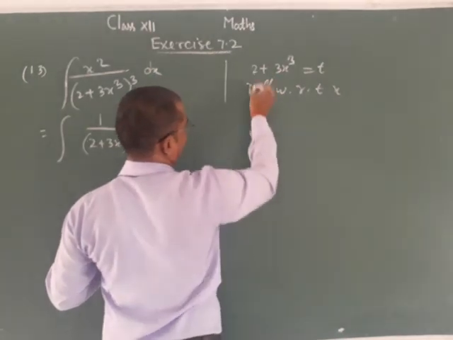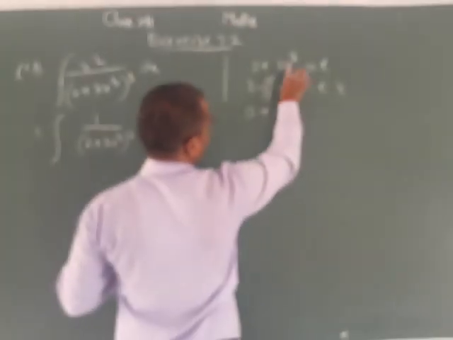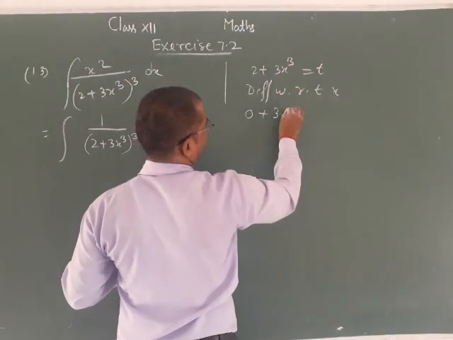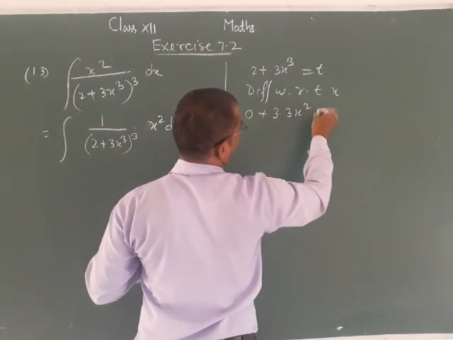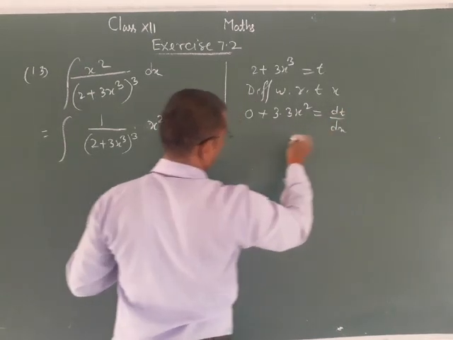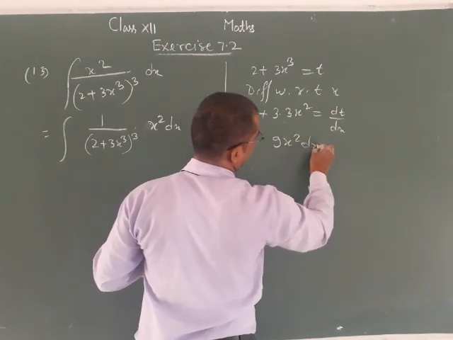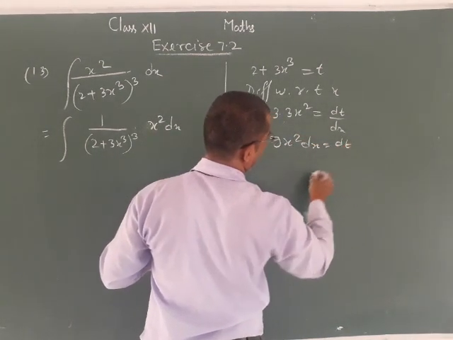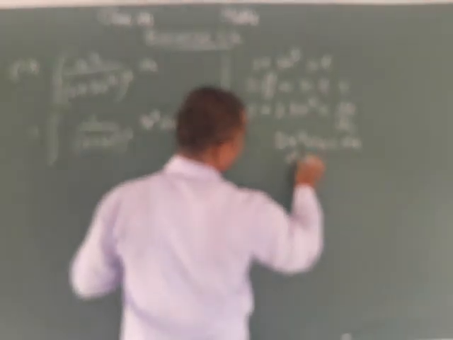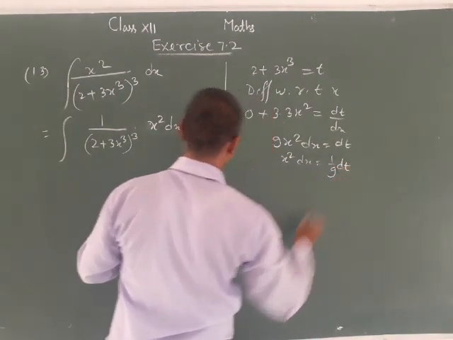The derivative of 2 is 0, plus 3 times the derivative of x^3, which is 3x square, equal to dt upon dx. So 9x square dx is equal to dt. Also, x square dx is equal to 1 upon 9 dt.